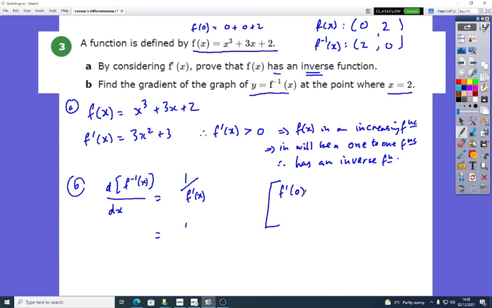So if I put the 0 in my differential function, that's going to equal 3 times 0 squared plus 3, which equals 3. I then simply put 1 over 3, and 1/3 will be the gradient of the inverse function at x equals 2. That is it.